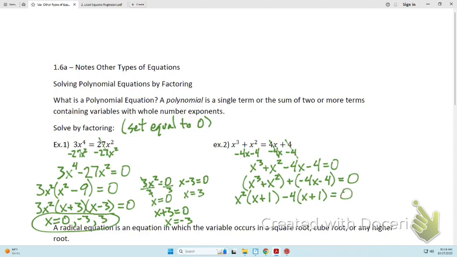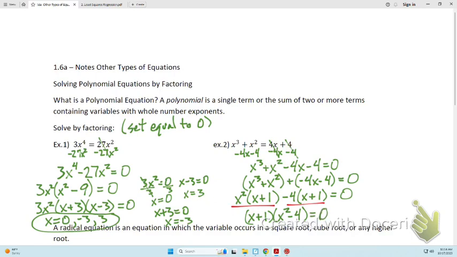Now we have two terms right here. We have this term and that term. And look, they both have a factor of x plus 1. That becomes the GCF. So you take x plus 1 out, and the leftover is x squared minus 4.